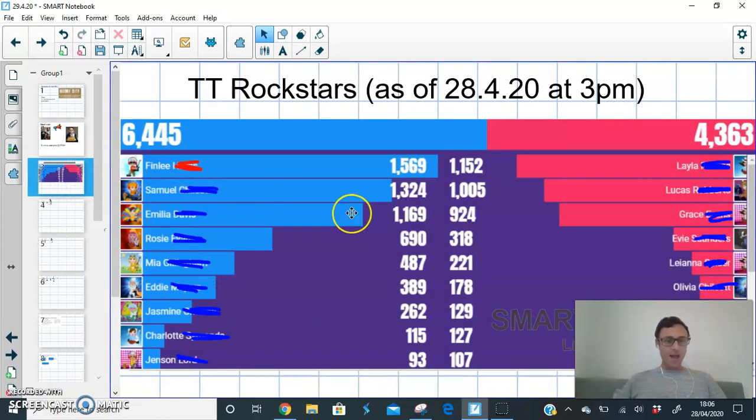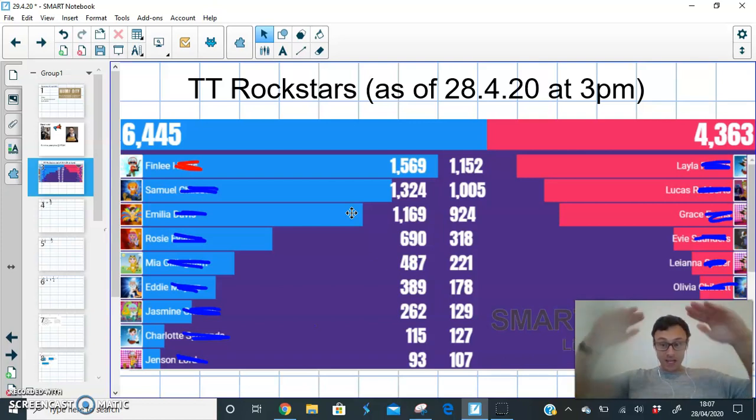Now, as of yesterday, Tuesday at 3 p.m., 5CP were in the lead, 6,445 compared to 4,363 for 5A. So yes, 5CP doing really well, although I think it is going to be very close still on Friday. Particular shout outs to the top 3 in each class.